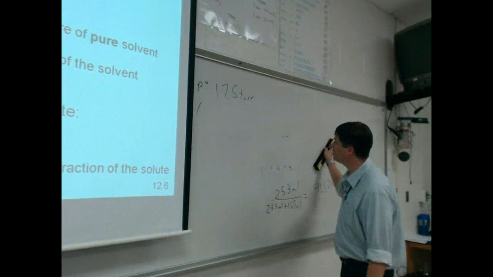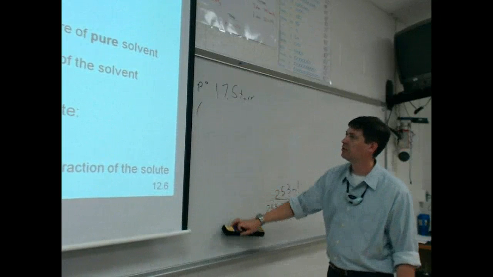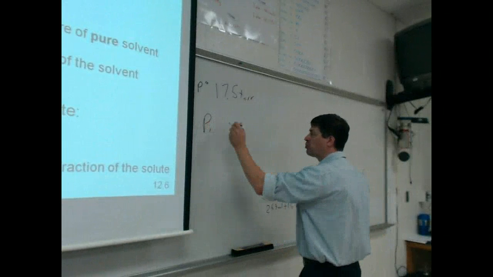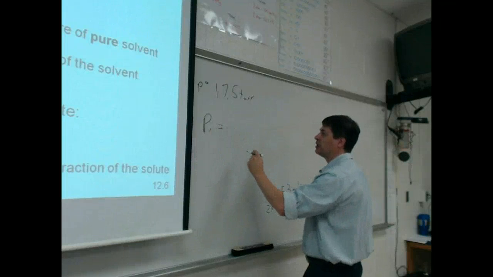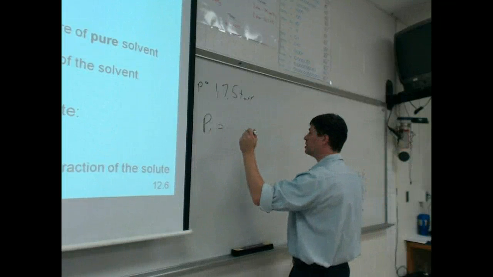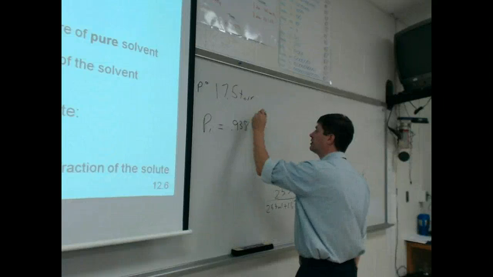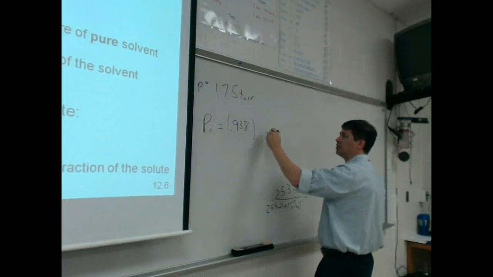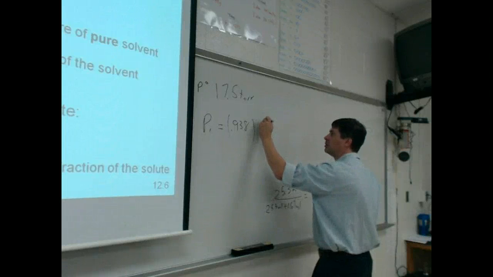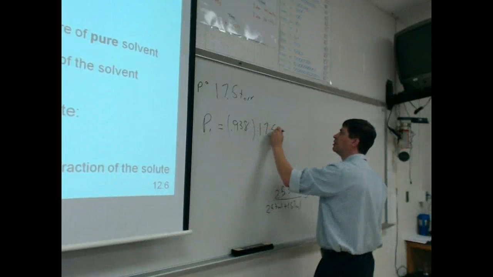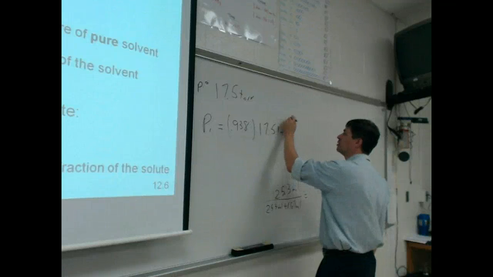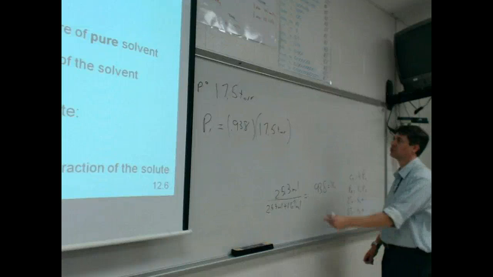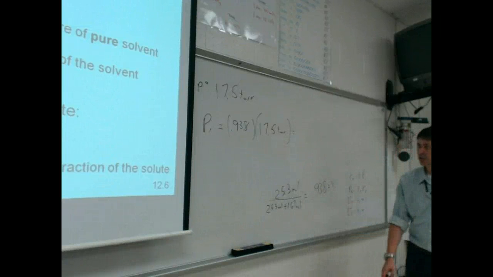So now let's plug it into our Raoult's law formula. P1, the pressure after adding the solute, is going to equal the mole fraction, which is 0.938, times the pressure. It should lower it a little bit.